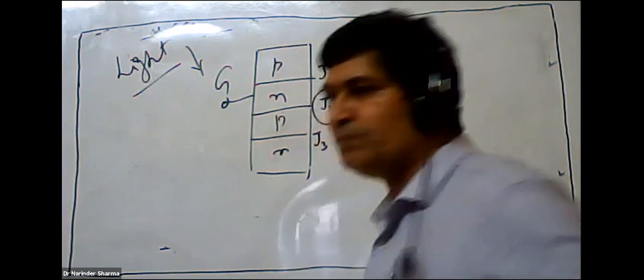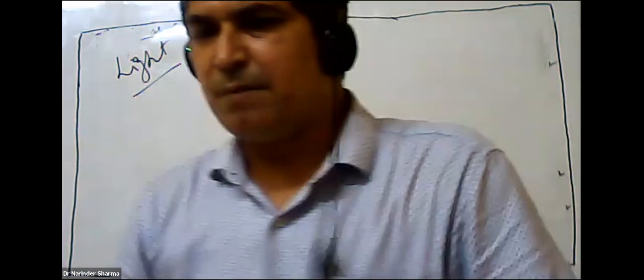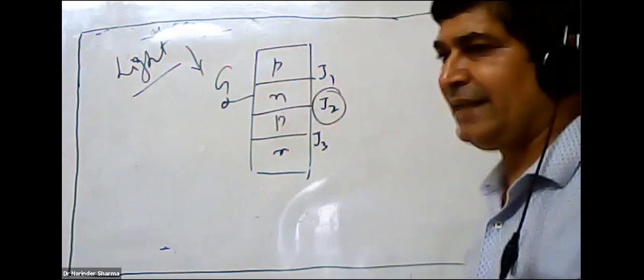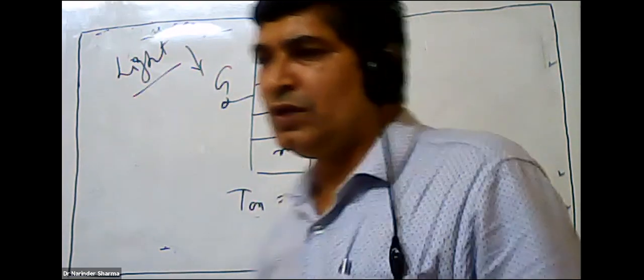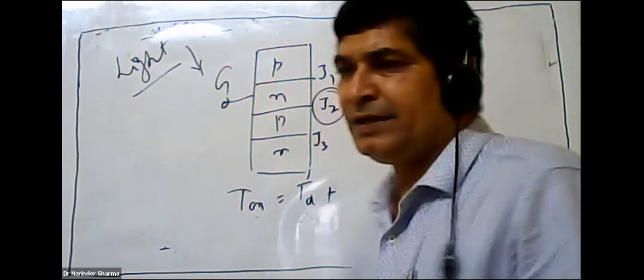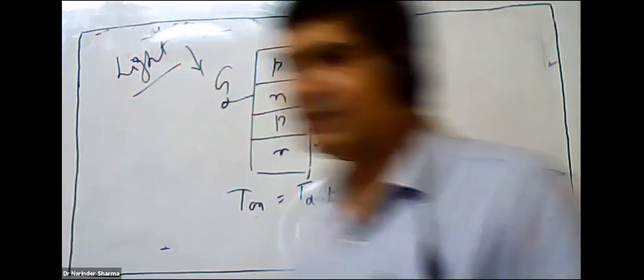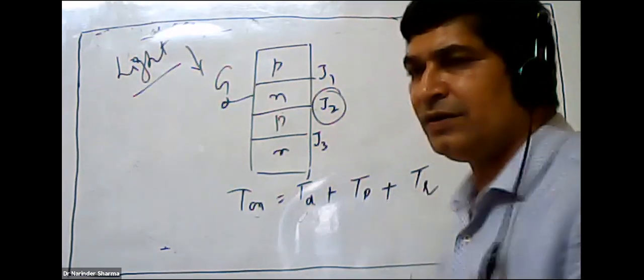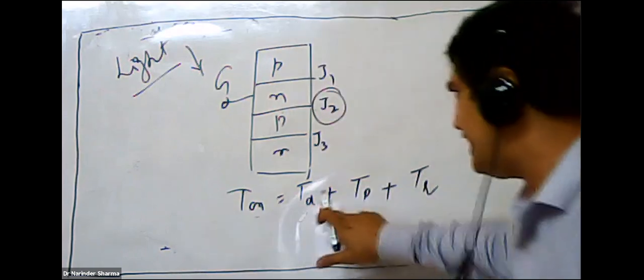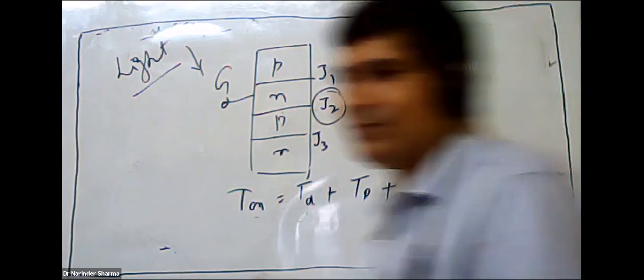This J2 suffers breakover. At that time, we can say that the time has been divided into 3 parts: delay time, TD, peak time, and rise time, TR.